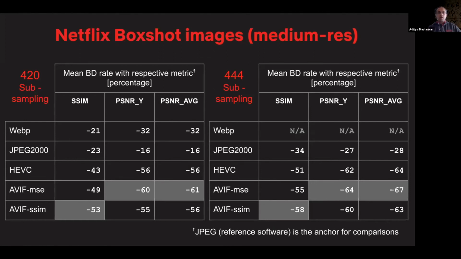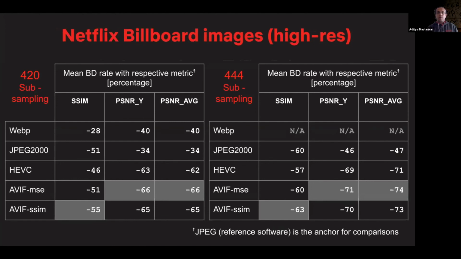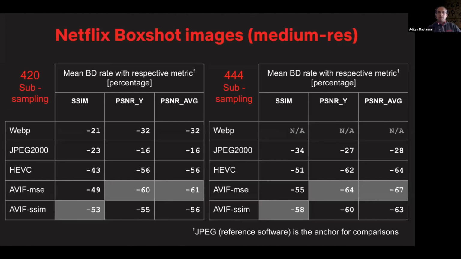One interesting thing to note here is that the absolute file size reduction, if you compare it to large images, we have larger percentage gains. And with box shot images, we still have 50 to 60% file size reduction compared to JPEG.